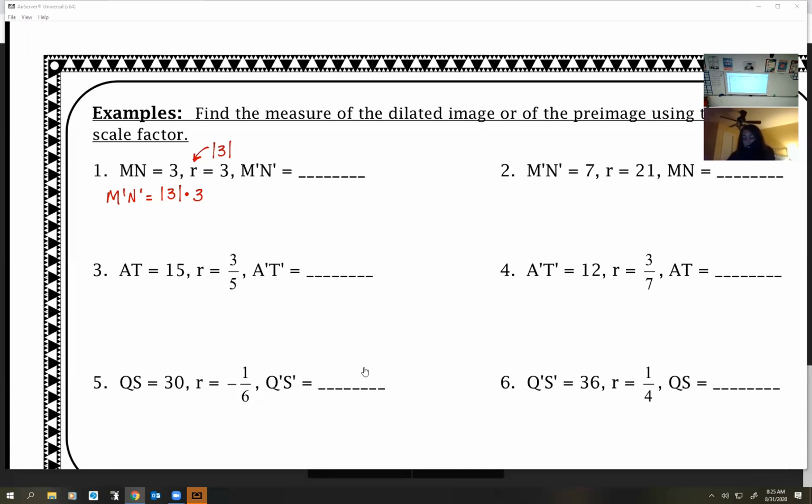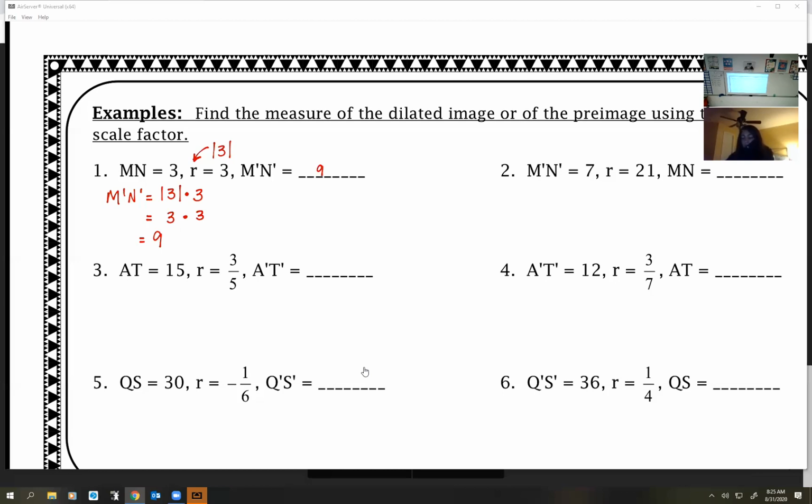What's the absolute value of 3? 3. What does an absolute value do to a number? No matter what, it's going to make it positive, right? So what is the length of M prime, N prime? 9.